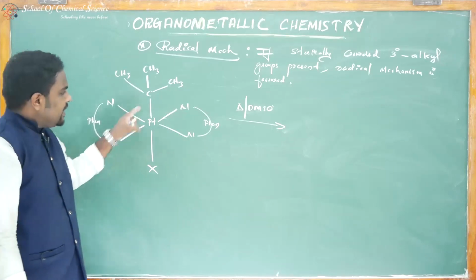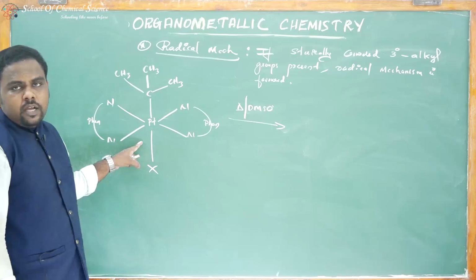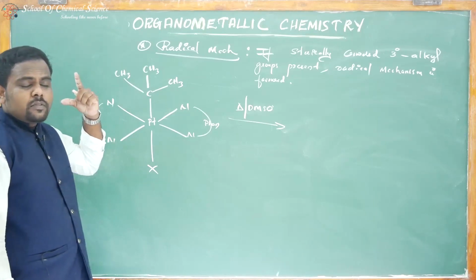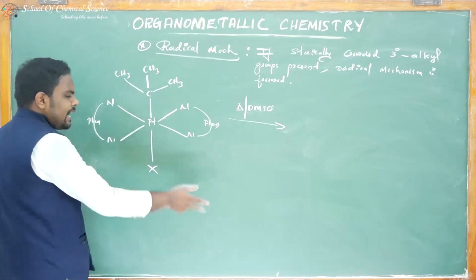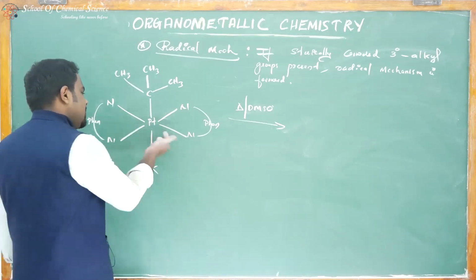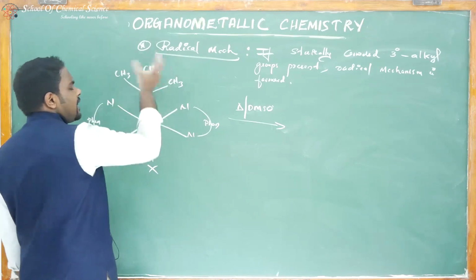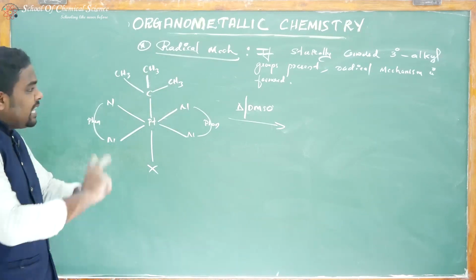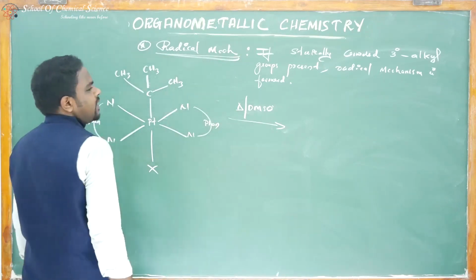Clear? Here the eliminating anionic ligands are trans to each other, so the concerted mechanism is not possible. But which mechanism is possible? Stepwise mechanism. In the stepwise mechanism, in the first step your halide is eliminated. In the second step, this halide attacks the backside of this carbon, but the backside is sterically crowded. So SN2 is not possible. Instead, the radical mechanism is favored.